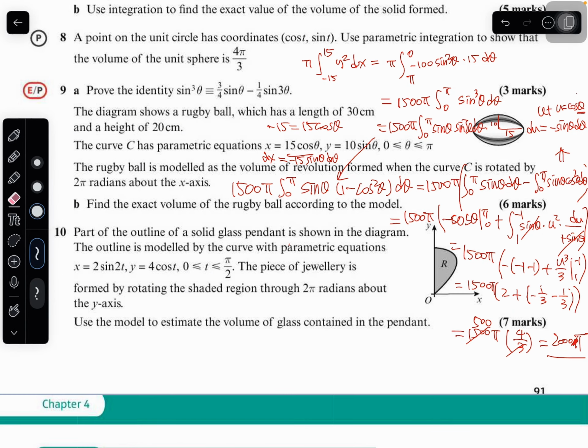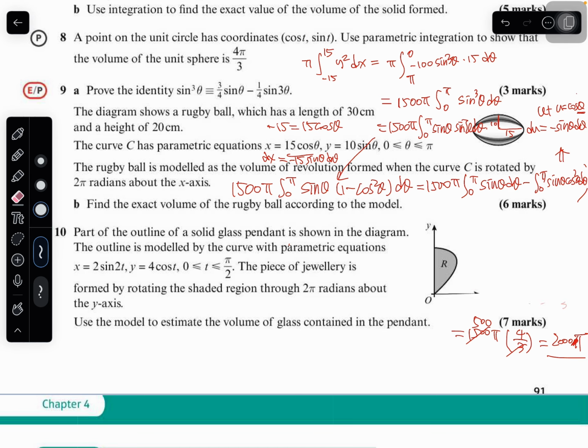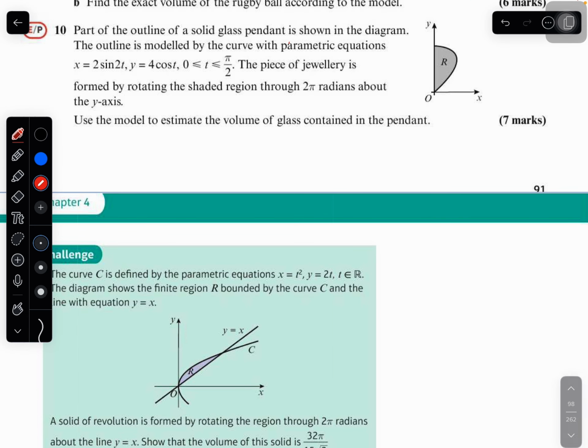And number 10. Now we have this outline of the solid glass, with t from 0 to pi over 2, and so on, rotated 2 pi radians. Estimate the volume of glass.